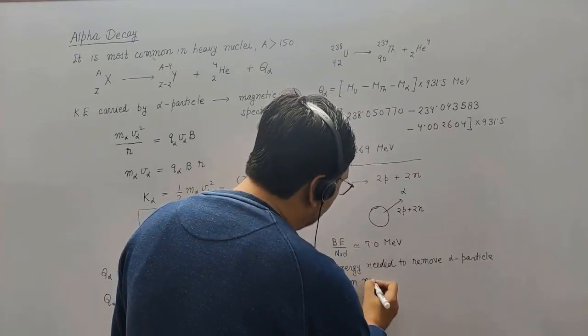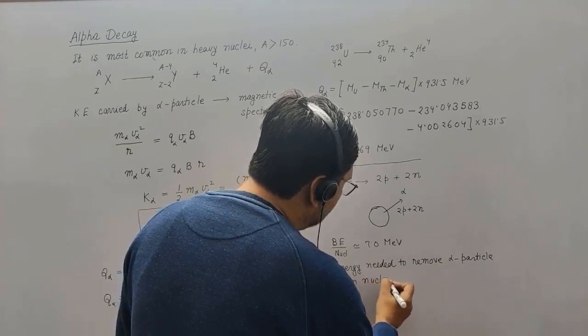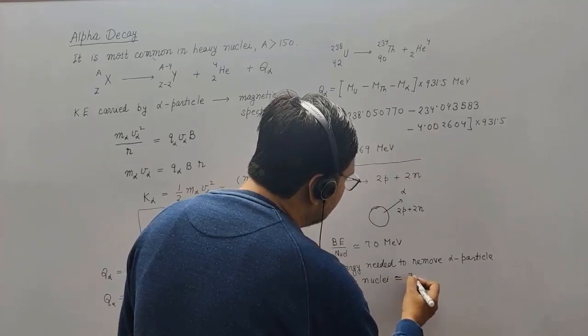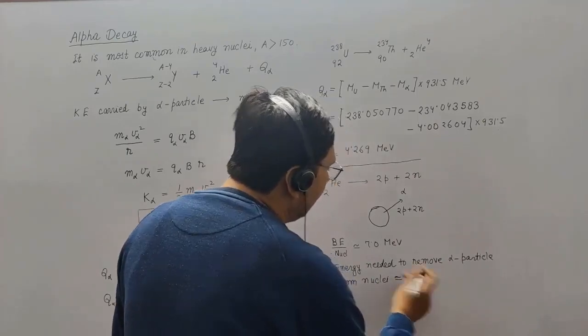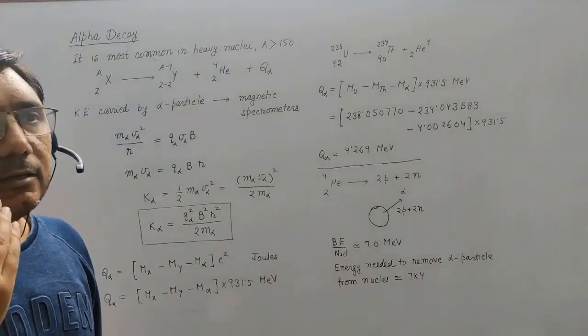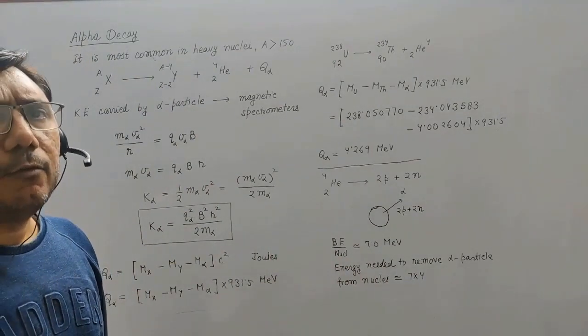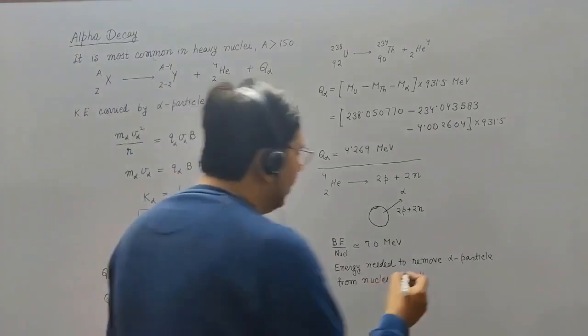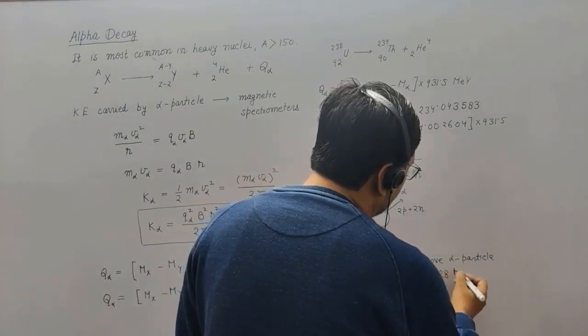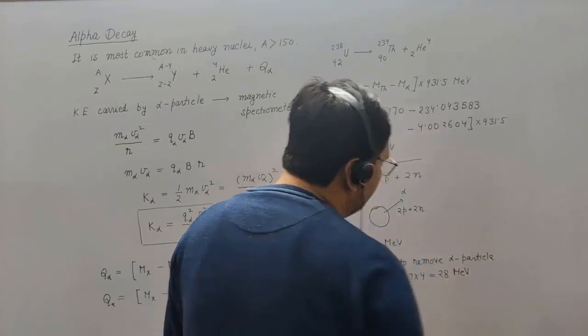It is nearly equal to 7 into 4. For the removal of one nucleon, we need 7 MeV of energy. So for 4 nucleons, roughly we will need 28 MeV. 28 MeV energy is needed.